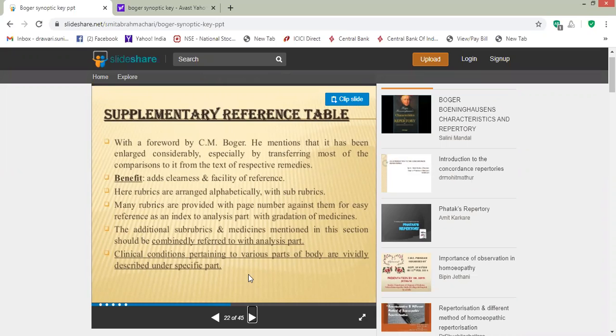Clinical conditions pertaining to various parts of the body are also described under specific parts. In this way the supplementary reference table is arranged in this book.